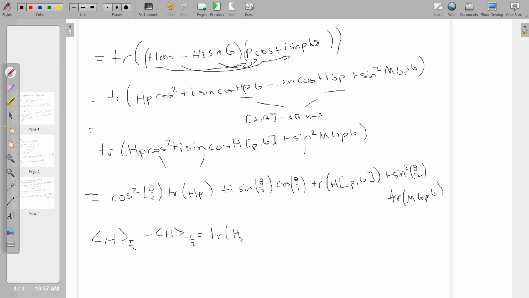We have the H, then we have the U of theta over 2, the density matrix, U complex conjugate of theta over 2. And then we have the same thing for negative pi over 2. From there we can rewrite this as cosine and sine. But remember, cosine of pi over 2 is 0.